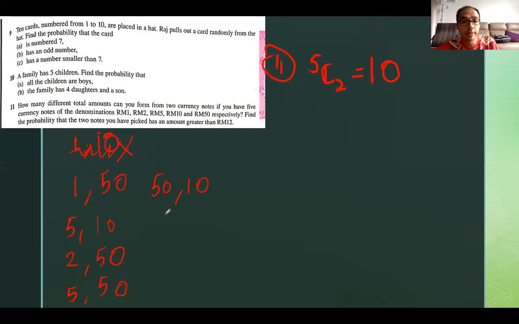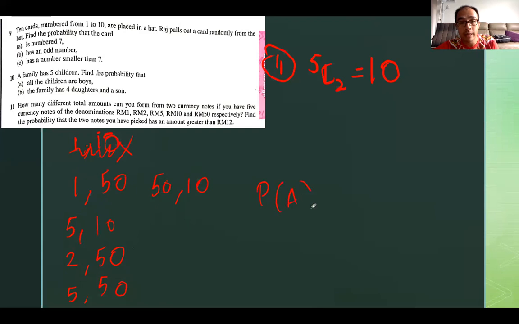What else? Any more combinations? Greater than 12 means 12 ringgit is not included. You cannot do 10 and 2. Okay, 10 and 2 is not possible. So there's no more. There are only 5 combinations that will give you a total of more than 12 ringgit. So what is the probability of this happening?